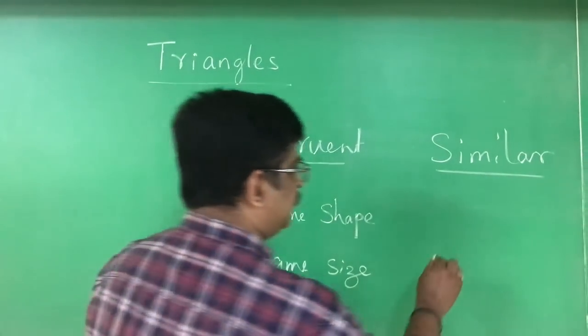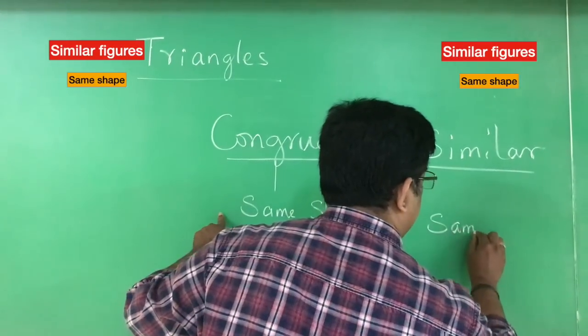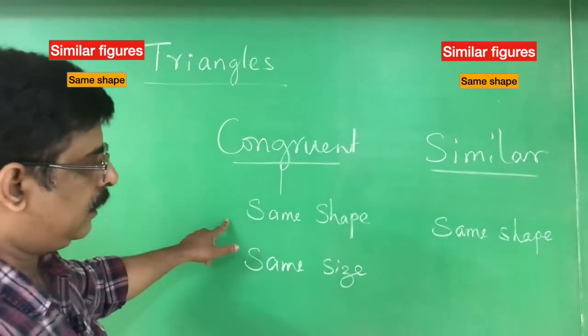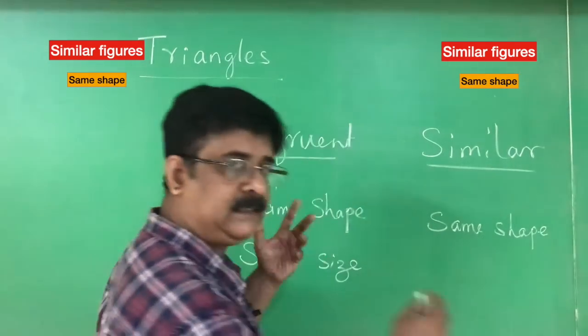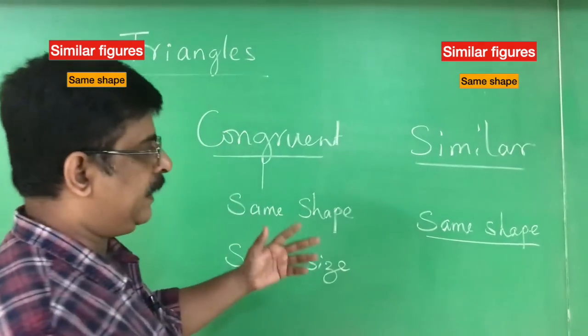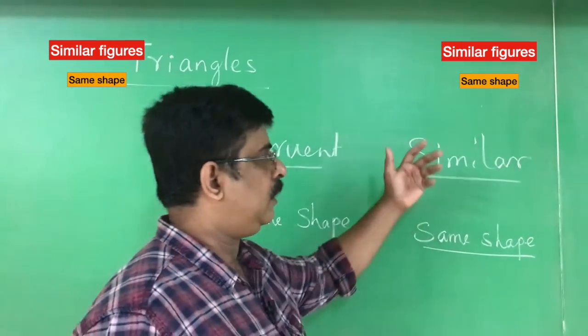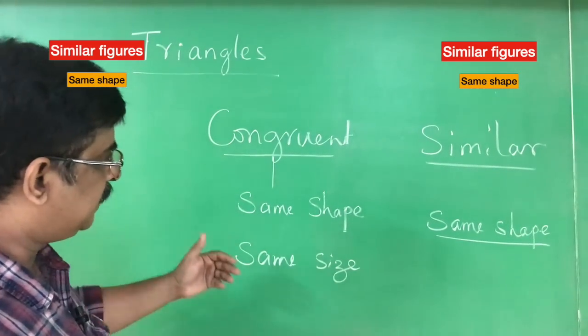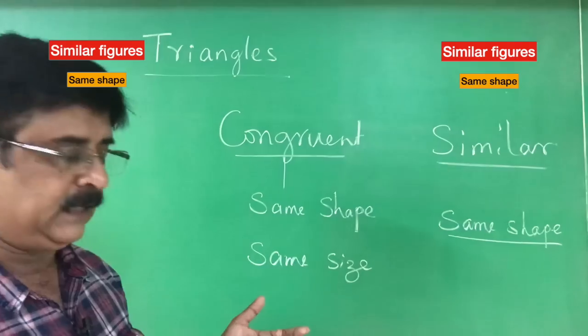Geometrical figures of same shape but of different sizes, or where we don't mention the size at all, are called similar figures. Geometrical figures of same shape are called similar figures.